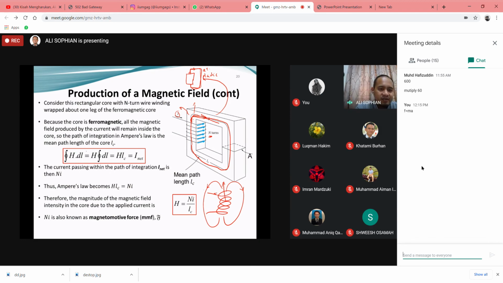If you look again at this equation, this is the one that we got from the previous slide. Because H, the magnetic field intensity, is constant, we can take it out of the integral, and we are left with H times the loop integral of dl.